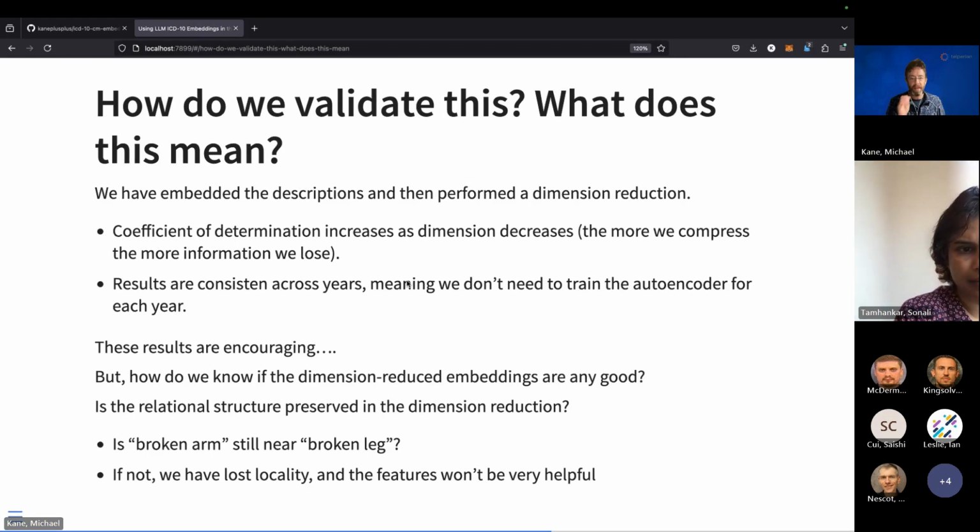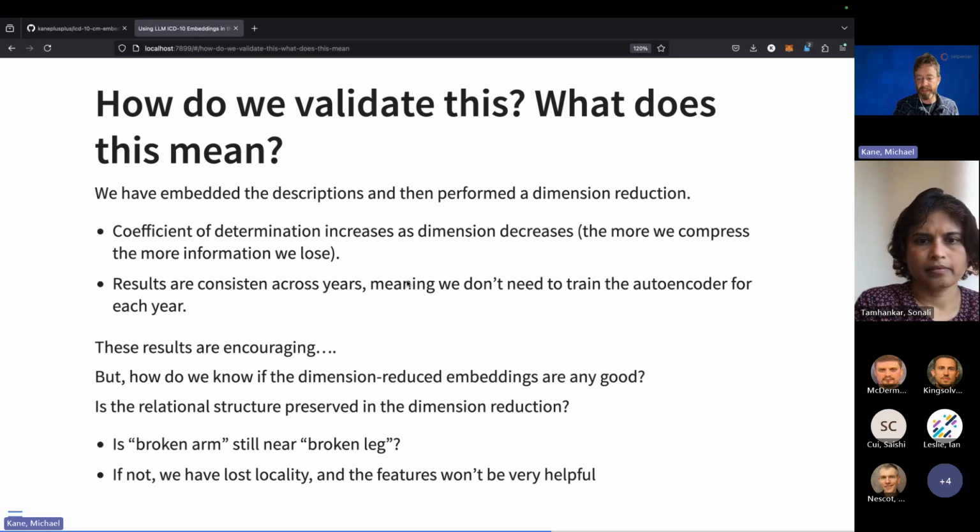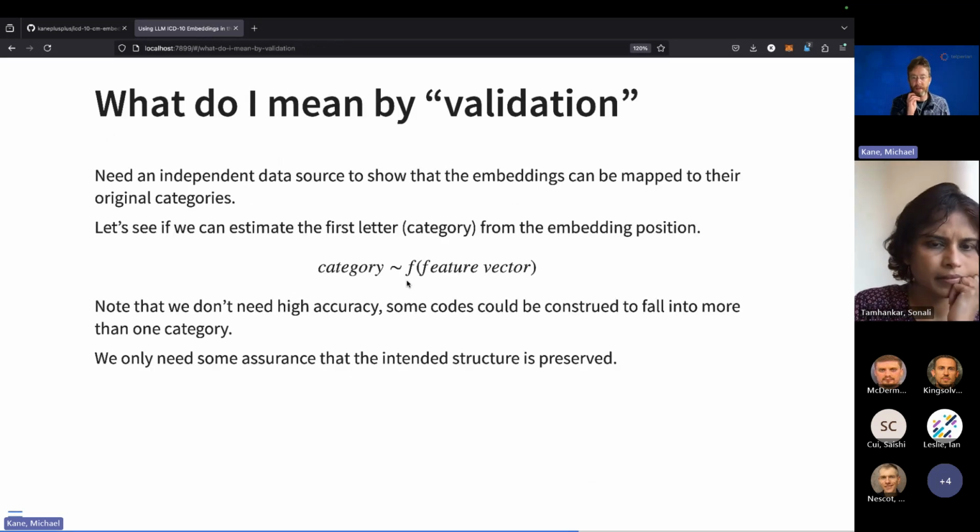So the way that we did this: usually to do validation, you really need an independent source of data to show that the embeddings can be mapped into their original categories. So far, all we had done is embed the descriptions, right? We hadn't actually used the ICD-10 codes themselves, which we know are actually informative.